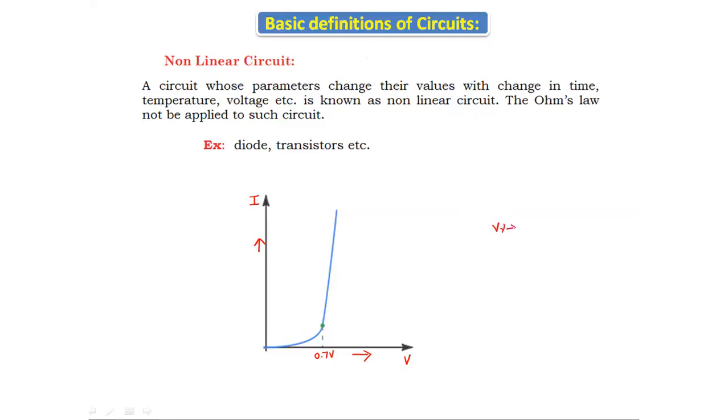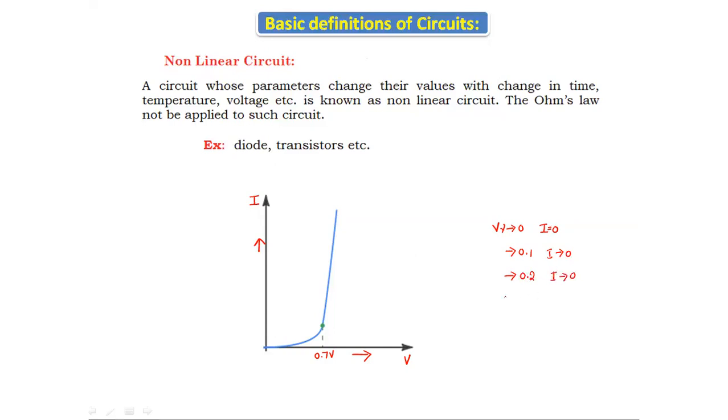Initially we take 0 volts. If we give 0 volts, there is no change in the current; the current is approximately equal to 0. If we increase the voltage from 0 to 0.1 volts, the current is still 0. Increasing again to 0.2 volts, there is no change in the current.